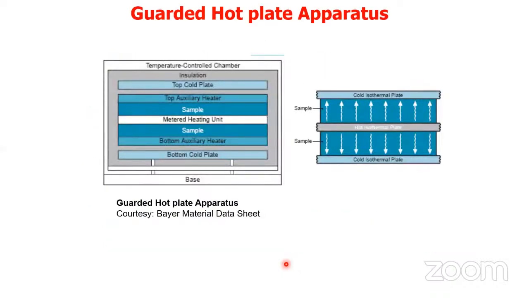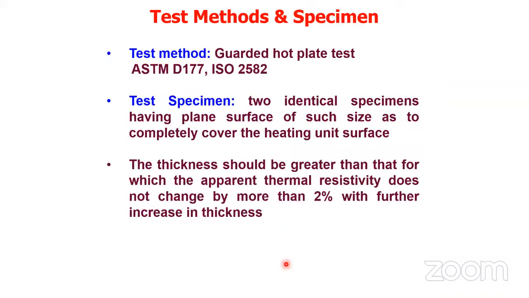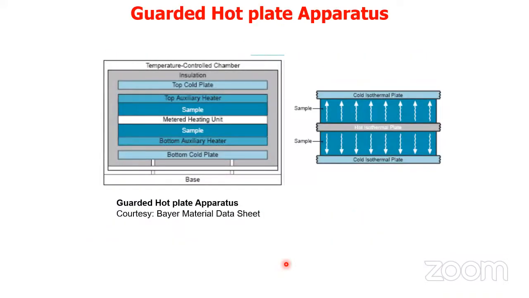If you see here, this is the general representation of the apparatus for thermal conductivity measurements. Many plates are present over here to analyze the sample. The samples have been placed in between.